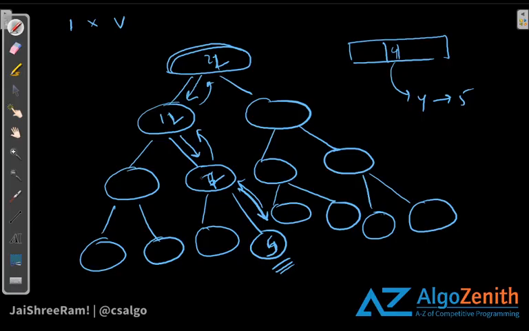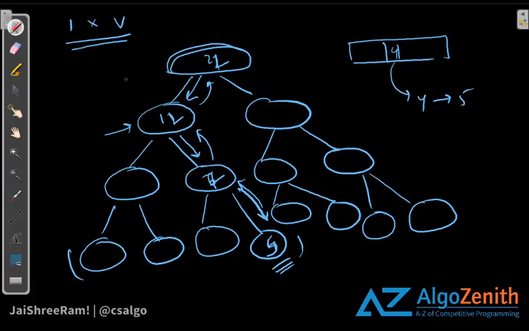For this node, the responsible leaf nodes are these 4 nodes. So we are updating everything and still we have the segment tree structure intact.